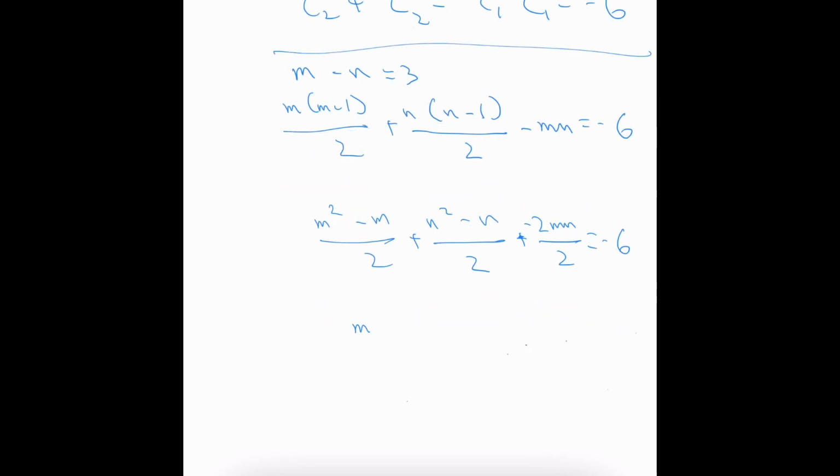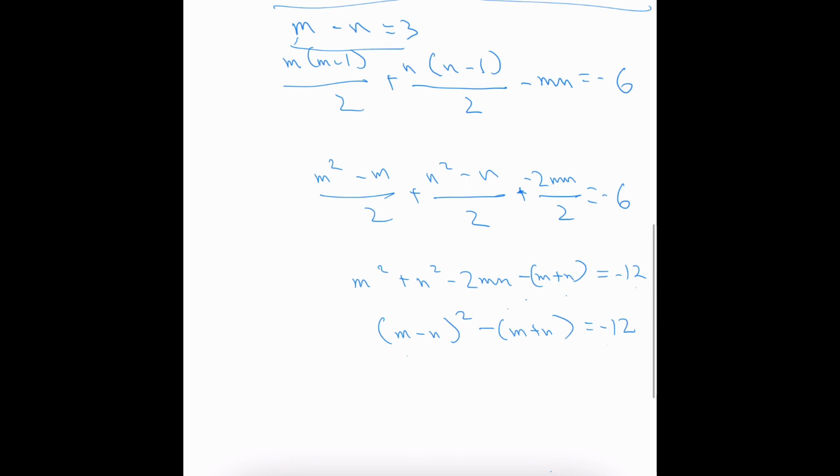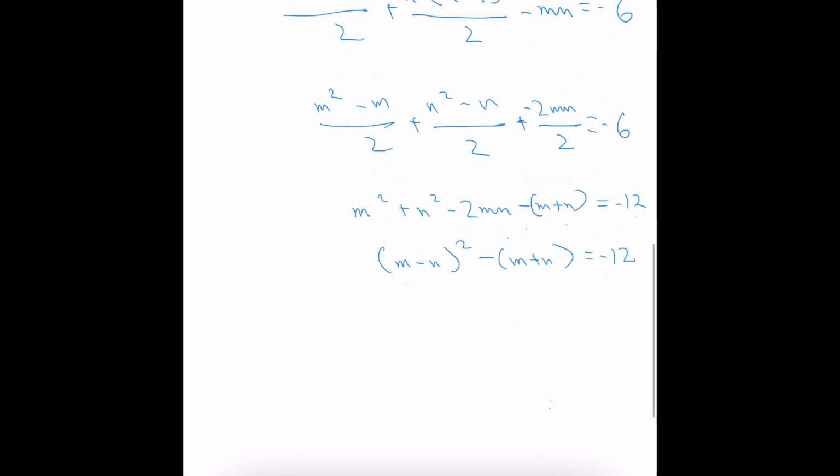So we can say that m square plus n square minus 2mn minus m minus n is equal to minus 12, and this simplifies to (m minus n) whole square minus (m plus n) equal to minus 12. We found that m minus n is 3, so this becomes 9 minus (m plus n) is equal to minus 12.